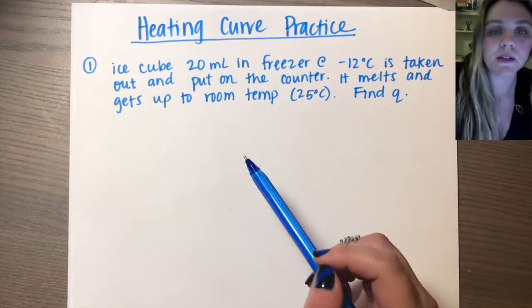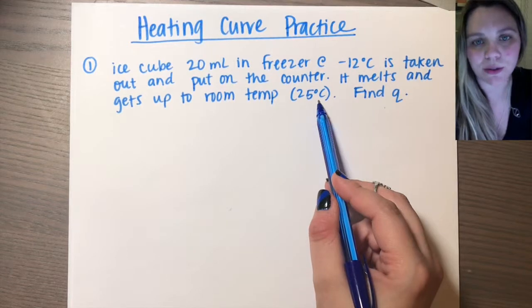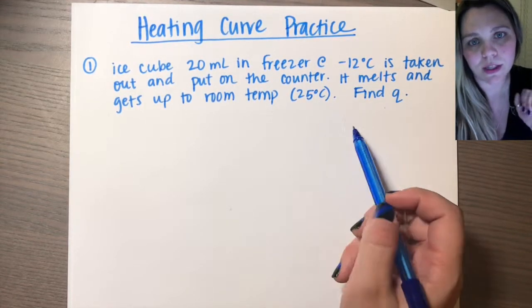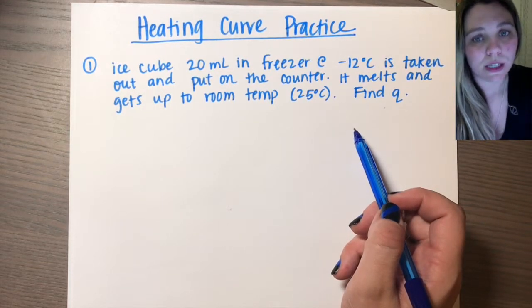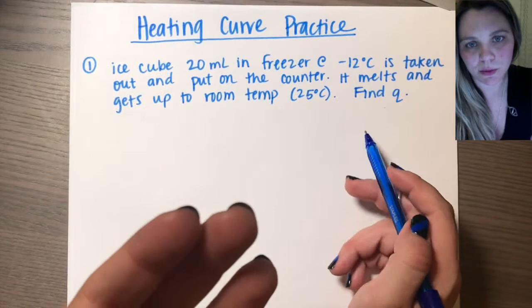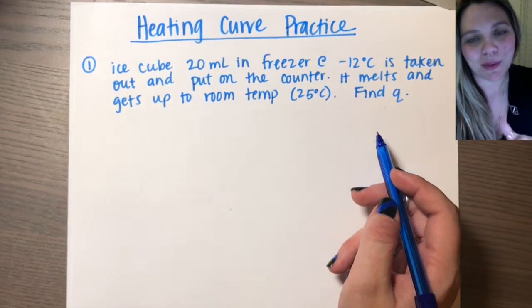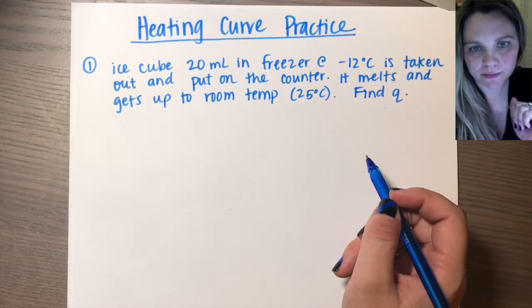Okay, so it melts and gets up to room temperature, which would be, in this case, 25 degrees Celsius. And your job is to find Q. Find how much heat it actually took to heat up that ice cube to melting point, melt that ice cube, and then heat up that lovely puddle of water on your counter up to room temperature.